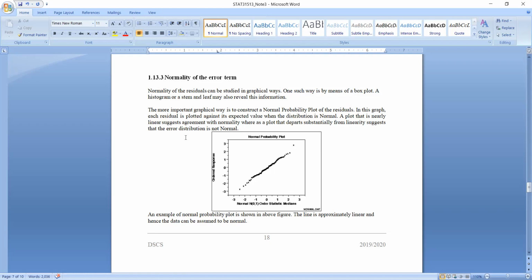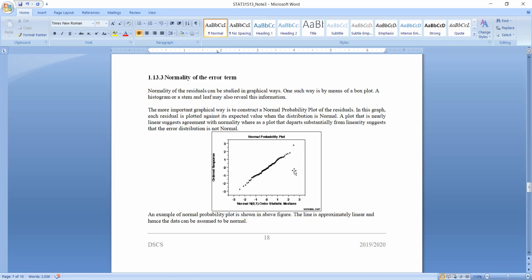take the values, and then here you can see, so here what we are going to do is we assume these errors are coming from the normal distribution, and then we can calculate the expected values of this normal distribution, and then we can take the true values, and then we can plot them.